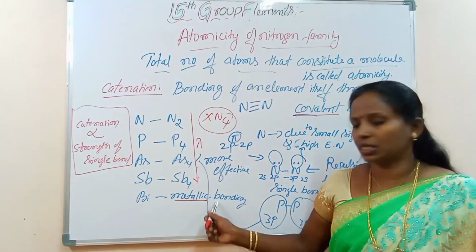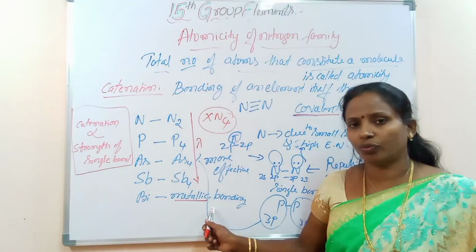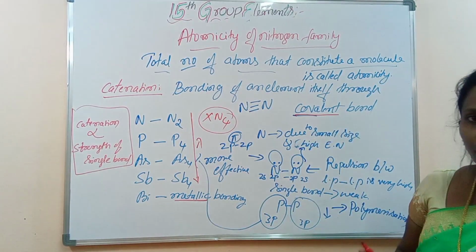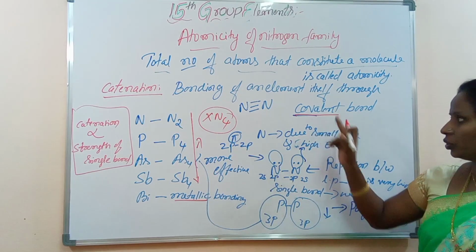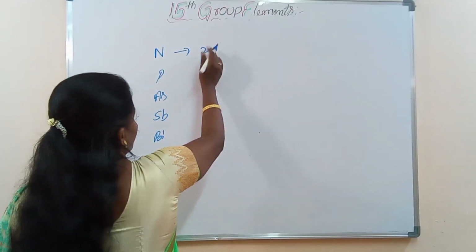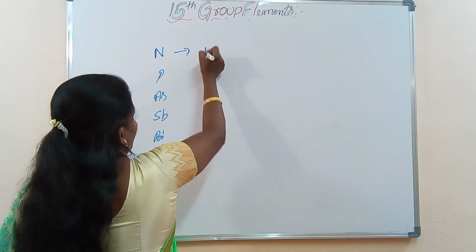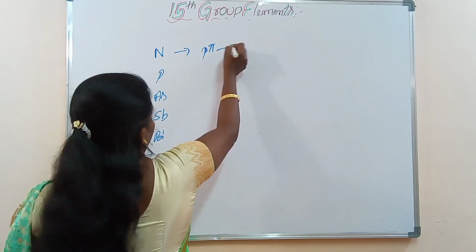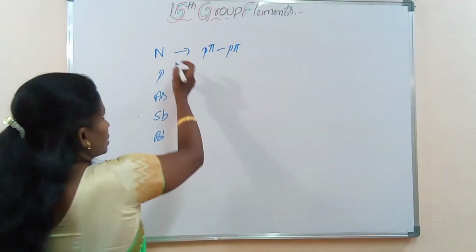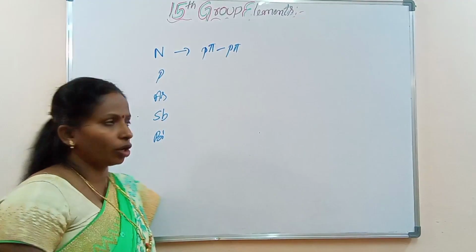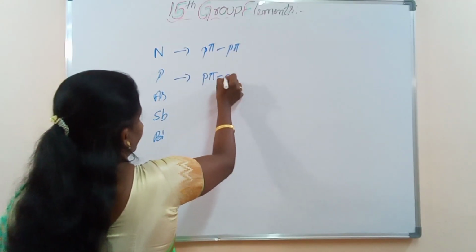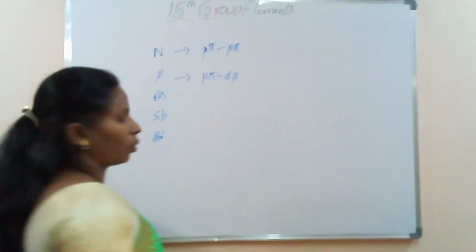And bismuth is metallic in nature, it is going to form a metallic bond, not a covalent bond. In case of nitrogen, we observe only p pi bonds because of the absence of d orbitals. But in phosphorus we observe both p pi and d pi overlapping.